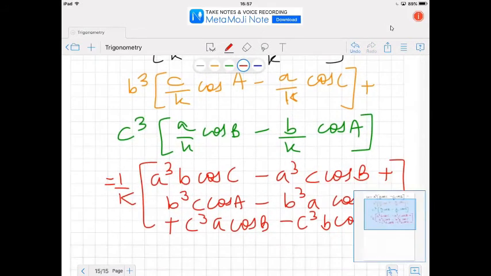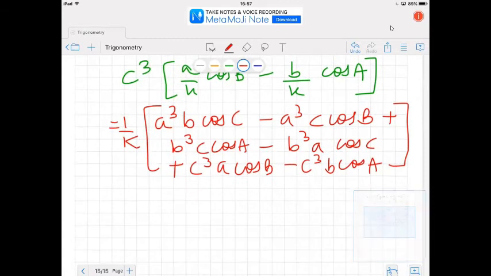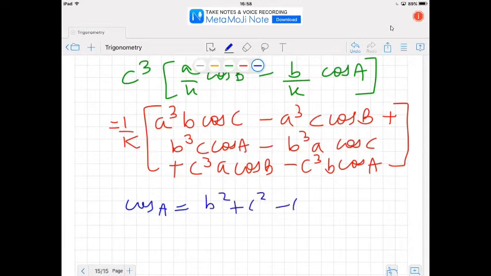Okay, all right, so this is my equation now. So 1 by k is outside and all the terms are inside the bracket. Okay, I am going to use the cosine rule over here. So according to the cosine rule, we have cos a is equal to b square plus c square minus a square divided by 2bc.